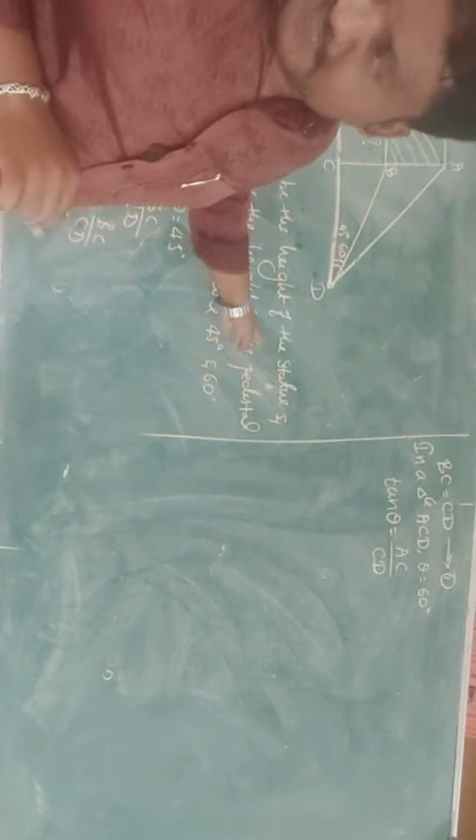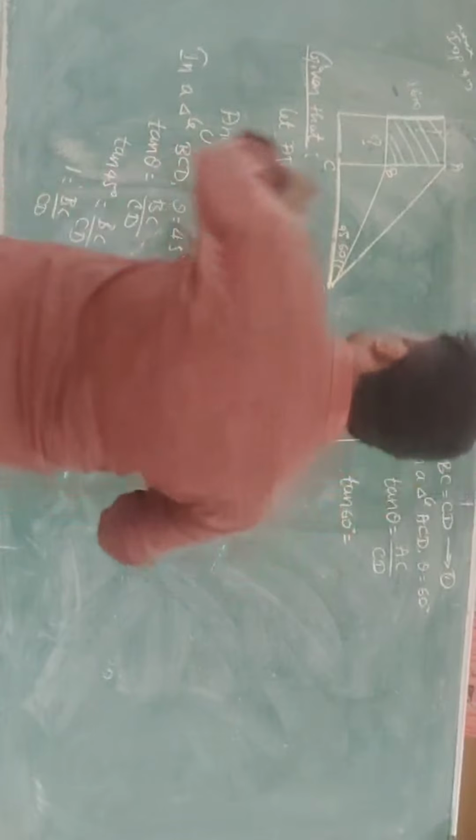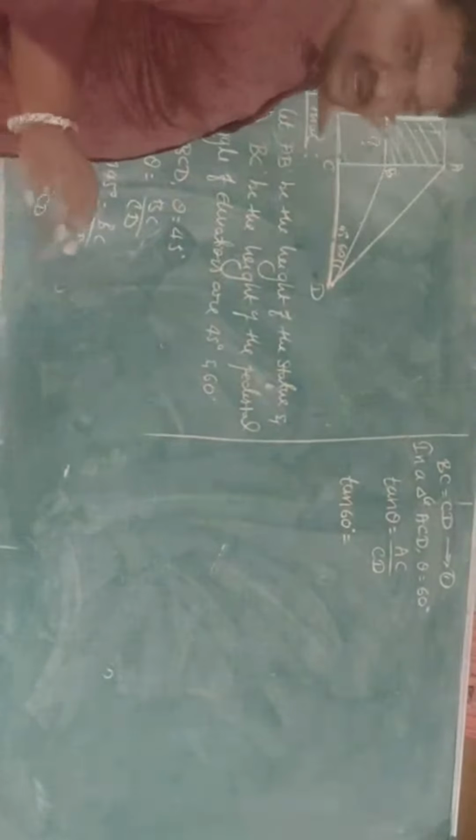Theta is given, so tan 60 degrees is equal to AC upon CD. Can I write AC as AB plus BC? Because AB is given in the question and BC we can calculate. AC we don't know, so I can express AC as the sum of AB and BC.